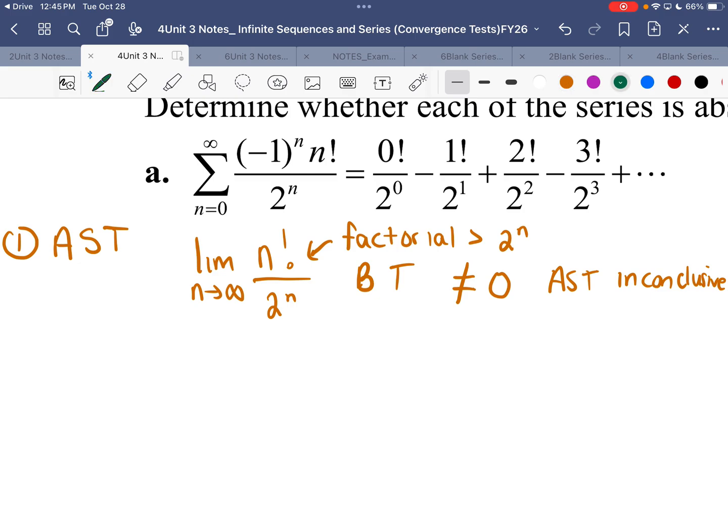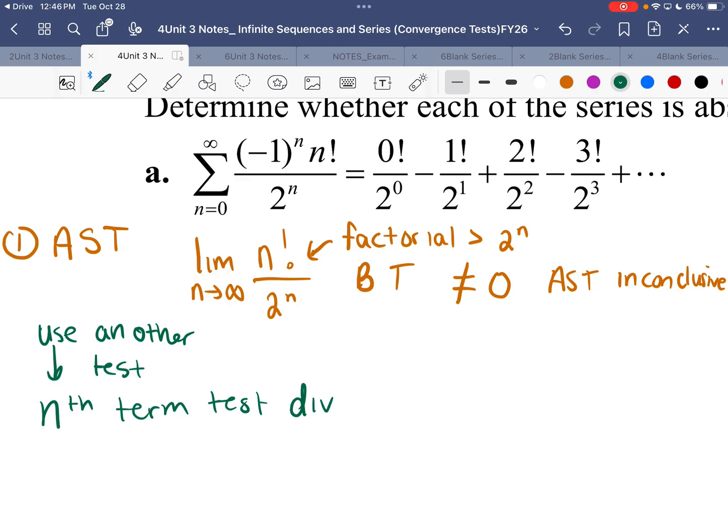So maybe before we did the alternating series test, we should have used our eyeballs and done what other test? By using our eyeballs, we see that's bigger on the top. So the other test is the nth term test for divergence.